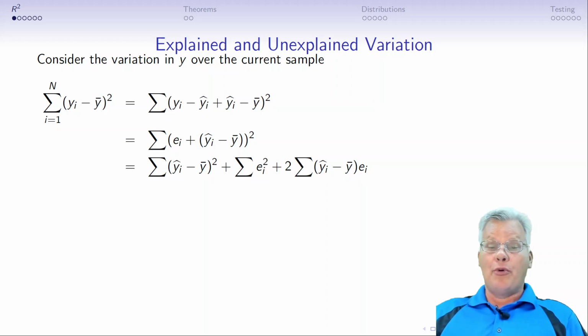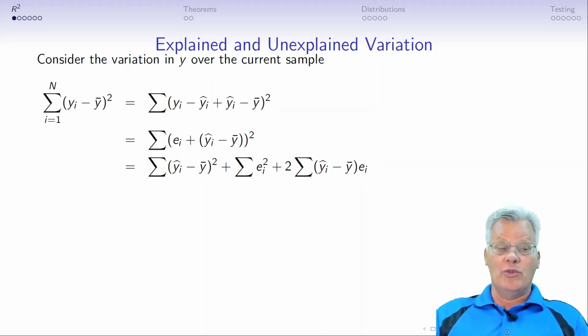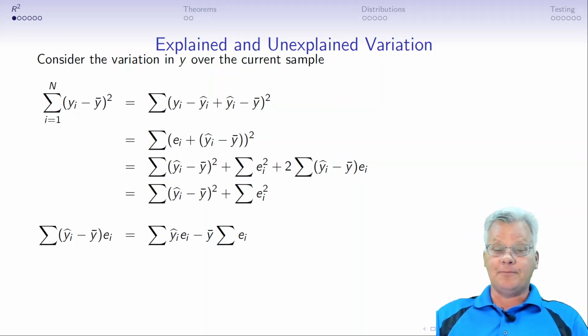Then if I break this outer parentheses and square each of the individual terms and put them under their own summation sign, I get the sum of the fitted values y hat i minus y bar squared, plus the sum of the regression residual squared, plus this cross product term, 2 times the sum of the deviation of yi minus y bar and the regression residual e sub i.